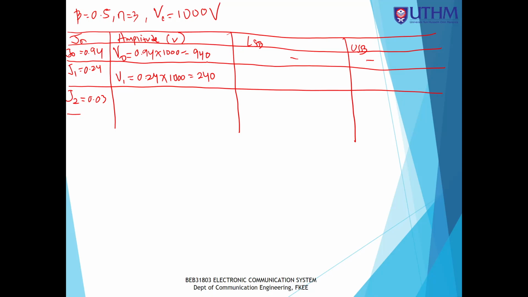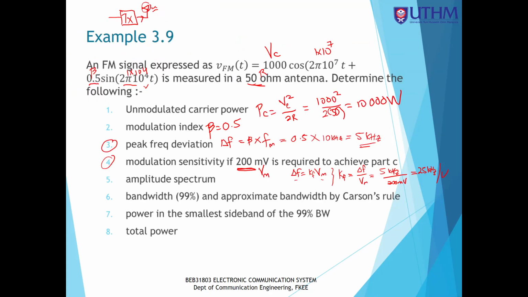Then where's the location of the frequency? We have 10 megahertz for the carrier, and 10 kilohertz for the modulating signal frequency.